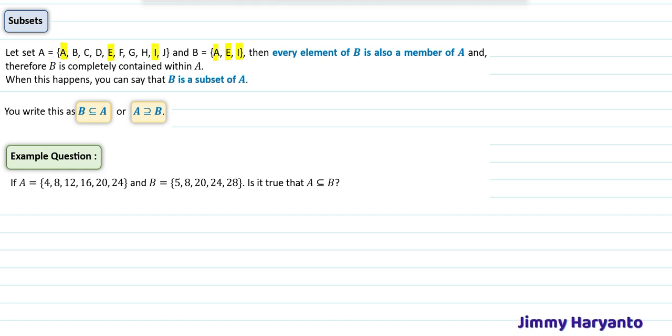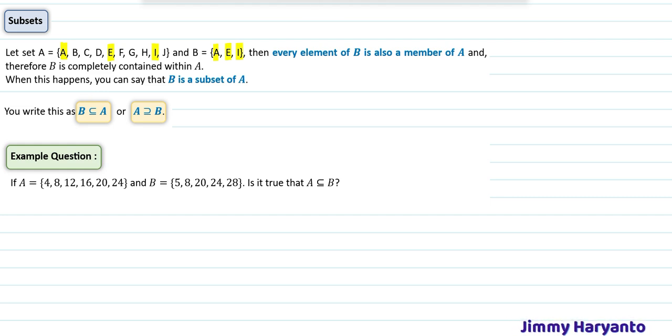So all of the elements of B are in the set A. Therefore, B is completely contained within A. When this happens, you can say that B is a subset of A. You can write this as this one. B is a subset of A. You can read it like that, or we can write it like this, but this one is uncommon. That means you have to write it like this every time.